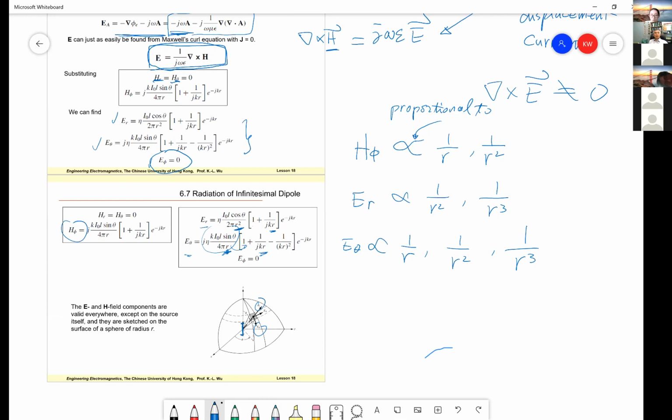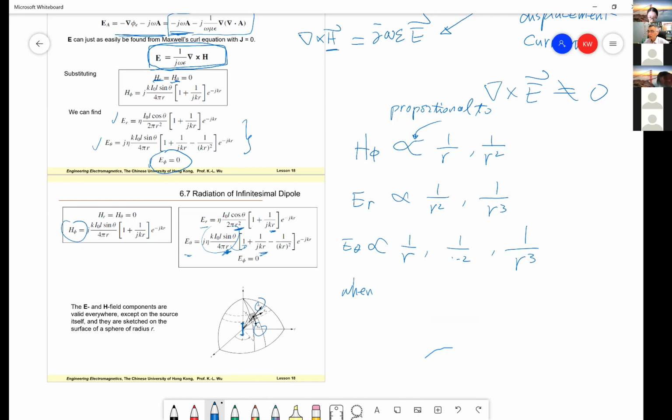Now let's see. When R approaches infinity, when R is much, much larger than the wavelength. Why the wavelength?